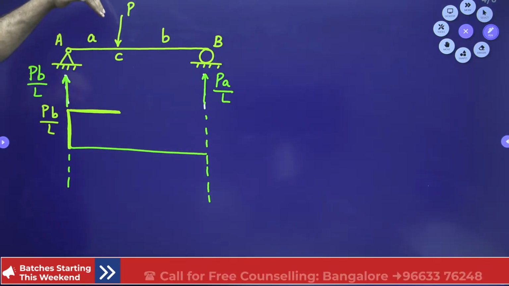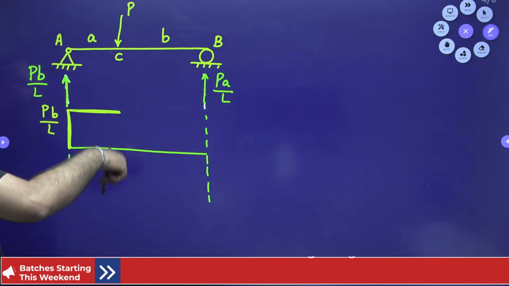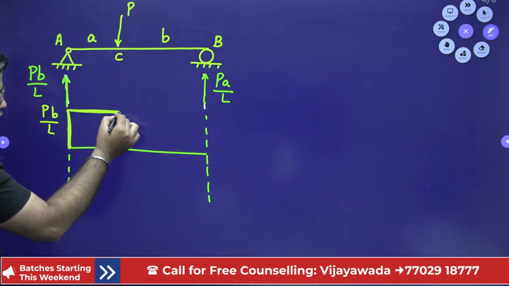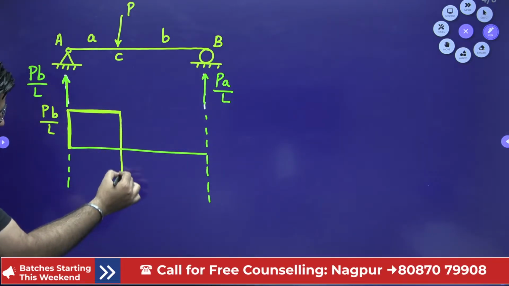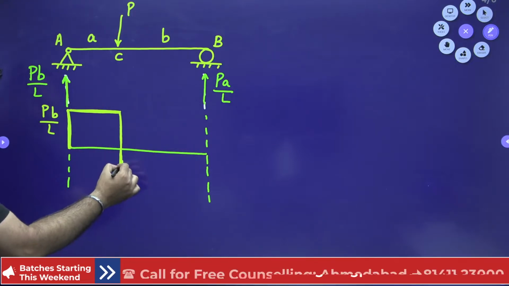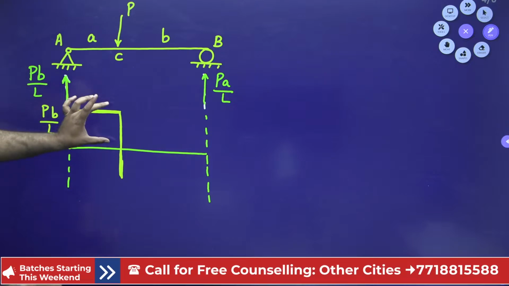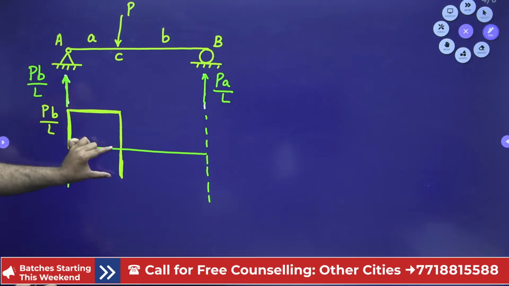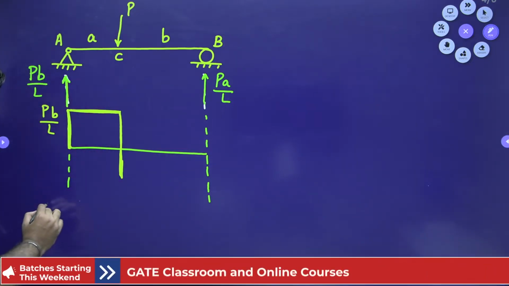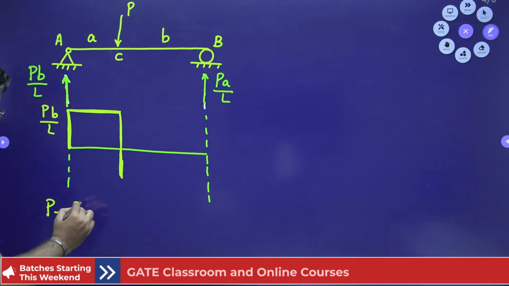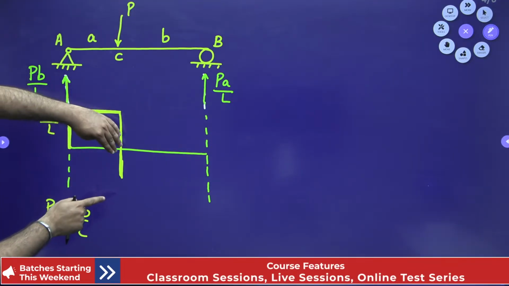Then at point C, you have a point load acting in the downward direction. So you have to move down by the amount of P. So this change of ordinate is P, right? The first part is PB by L. So therefore this is equal to P minus PB by L. This is the part which is below the line, right?